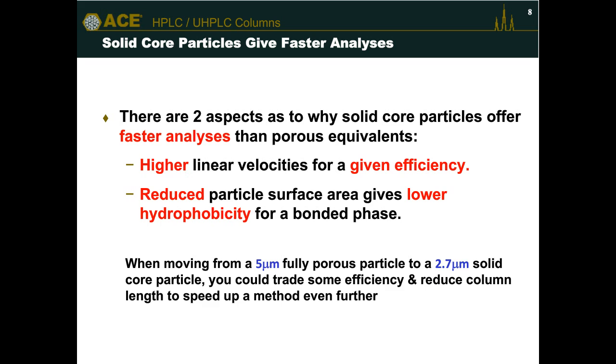So obviously the efficiency of the column is related to the length of the column. I can throw away some plates and that will give me a shorter runtime. So again, there are many ways that these solid core particles can really help us to speed up not only our method development, but our assay at the end of the day once we've developed that method.